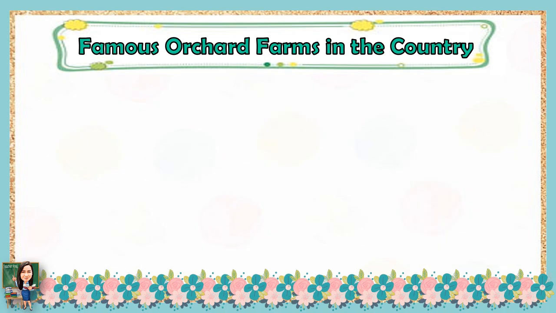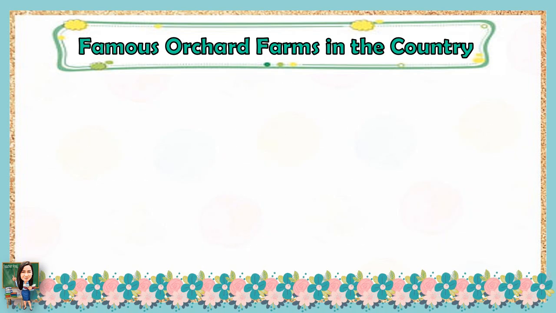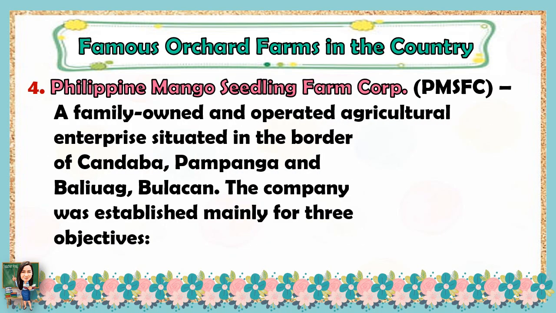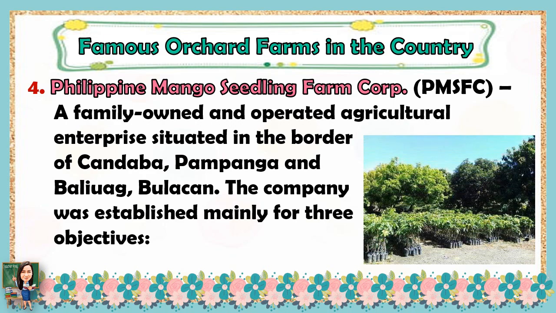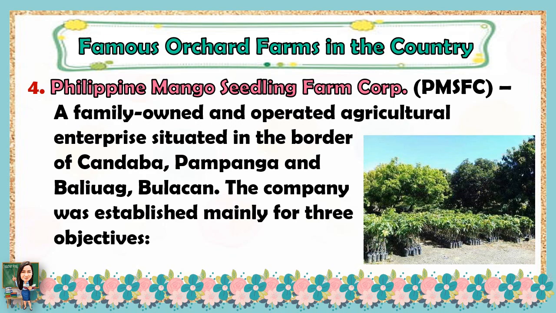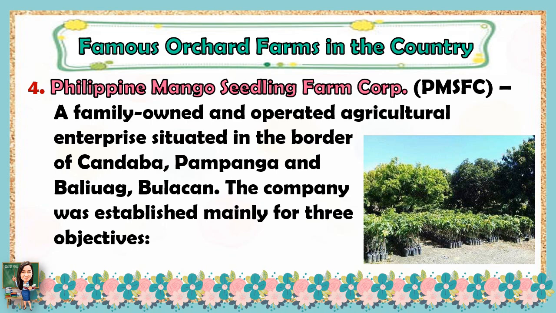Another famous orchard farm in the country is the Philippine Mango Seedling Farm Corporation or PMSFC, a family-owned and operated agricultural enterprise situated in the border of Candaba, Pampanga and Baliwag, Bulacan. The company was established mainly for three objectives.